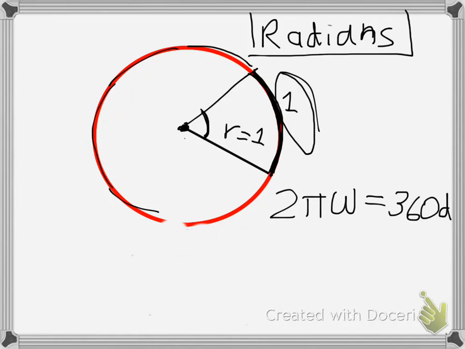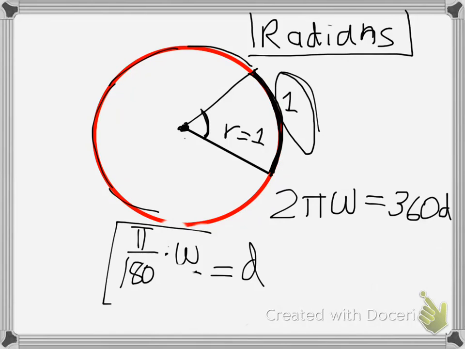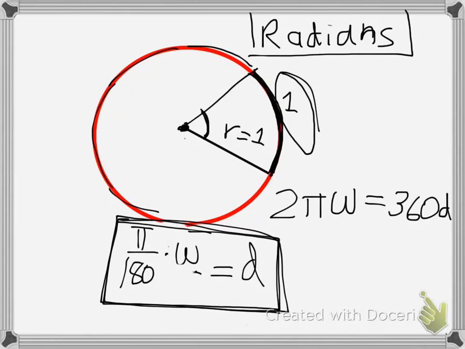And if we solve for D, we get 2 pi W over 360 equals D. Or if we divide the top and bottom of the left-hand side by 2, we get pi W over 180 equals D, or pi over 180 times W equals degrees. So we can say that pi over 180 radians equals 1 degree.